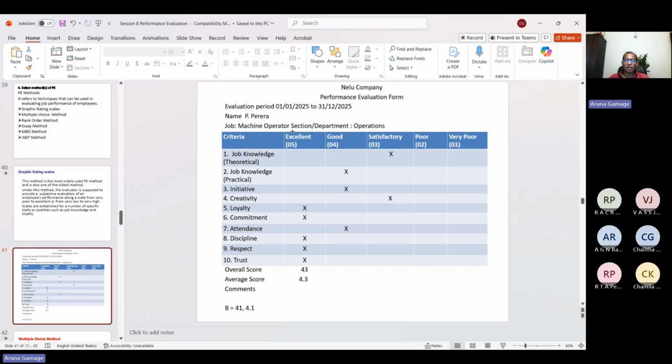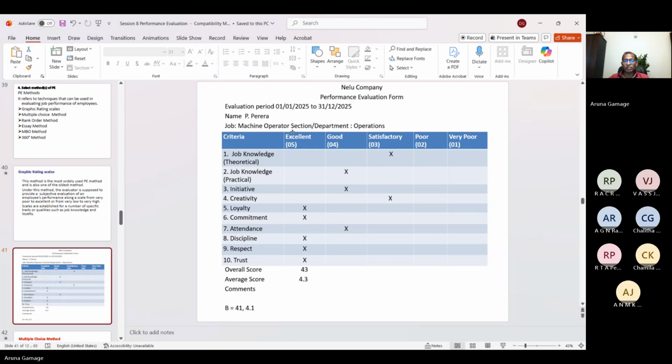Let's say Mr. Nimal has scored 41. So who is better than the other, Mr. Pereira or Nimal? Nimal's performance is 4.1. Who is better in terms of performance?